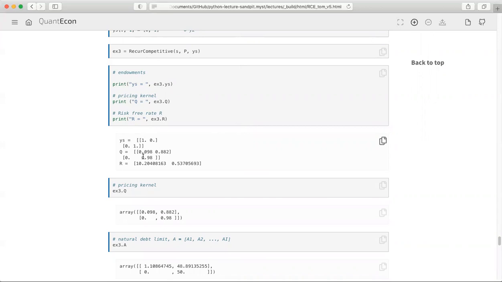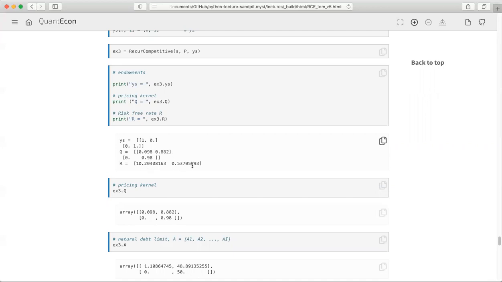Look at the Q. It's going to mimic the P. It's going to resemble, but not be the same as a transition matrix.